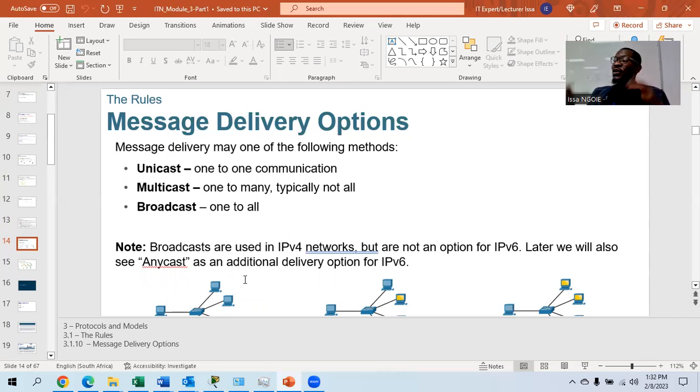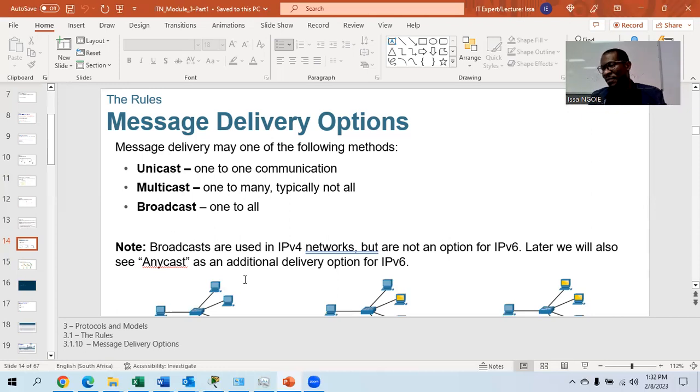Multicast means one computer or one device talks to many. So one computer is trying to talk to many other computers, right? Broadcast means one message that goes to all, to everybody. Like the way we are receiving SMS from the telecom company, we can sit like this and all of us receive those messages at the same time.